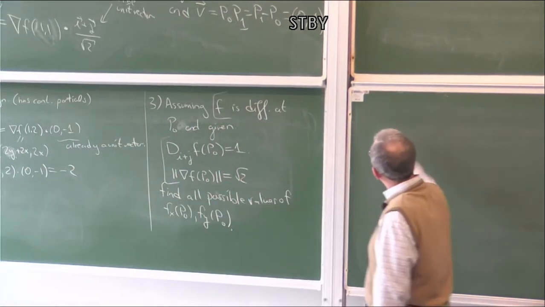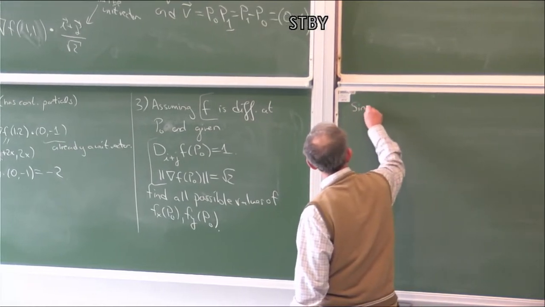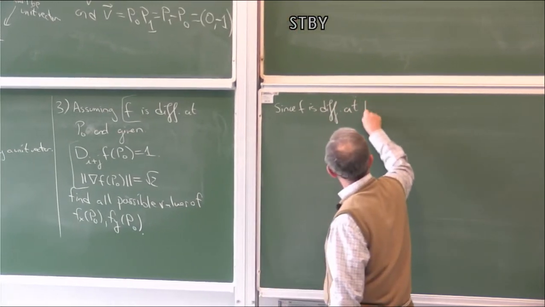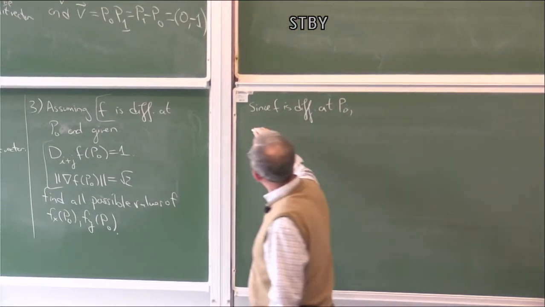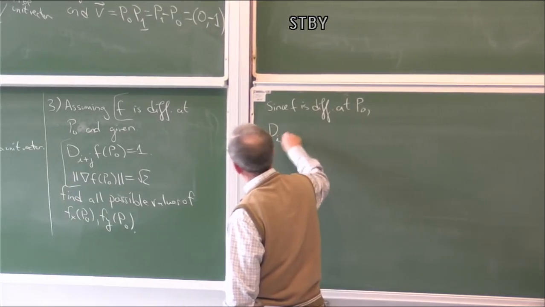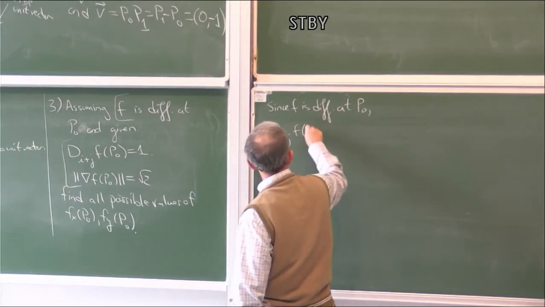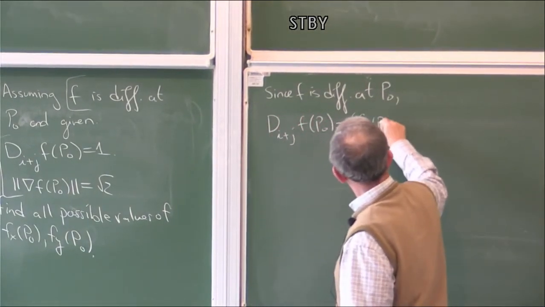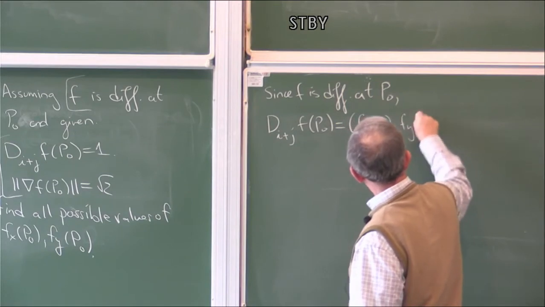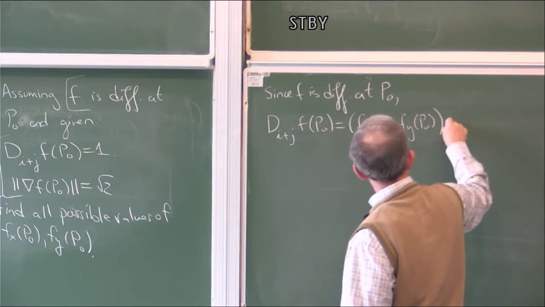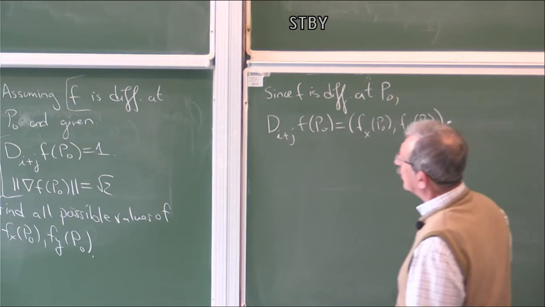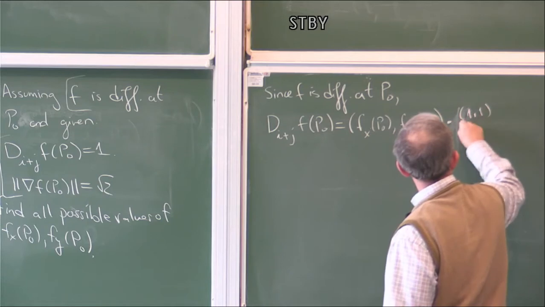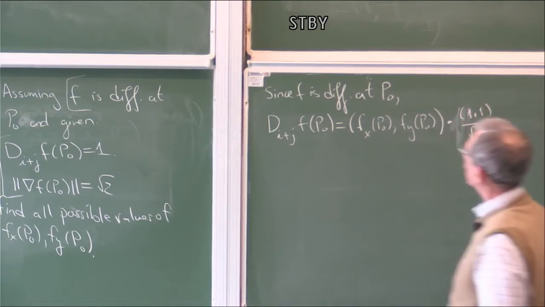Now, differentiability tells us that the directional derivative in the direction i plus j is (f_x at P0, f_y at P0) dot the unit vector, which is, as before, (1, 1) divided by root 2.